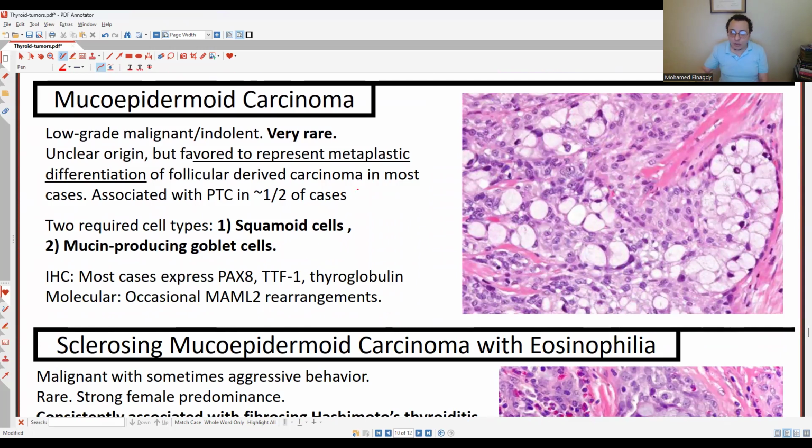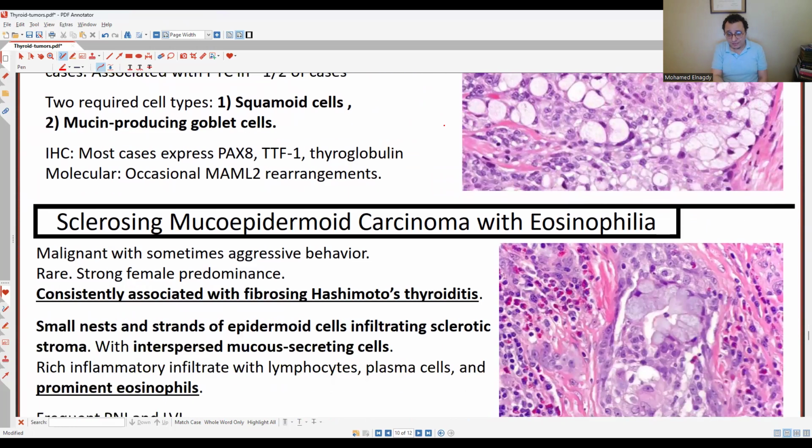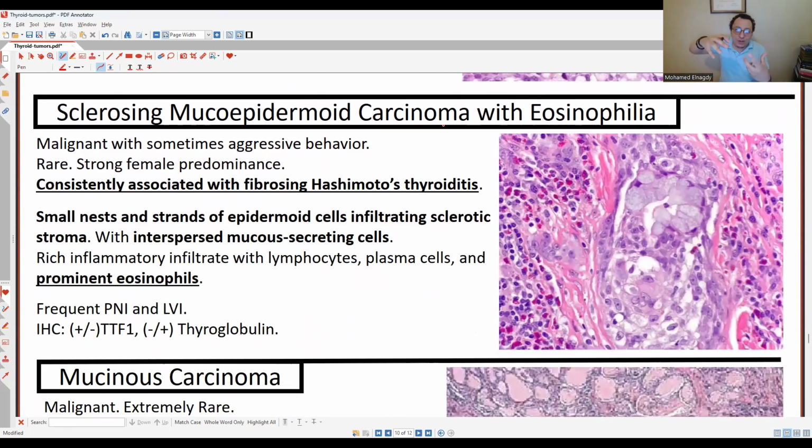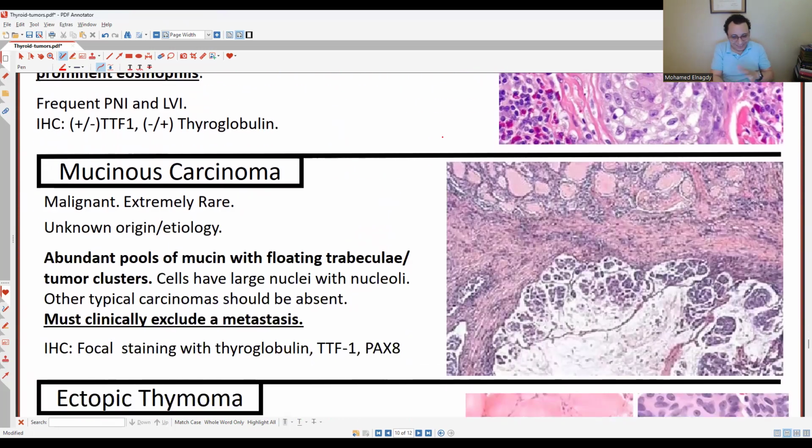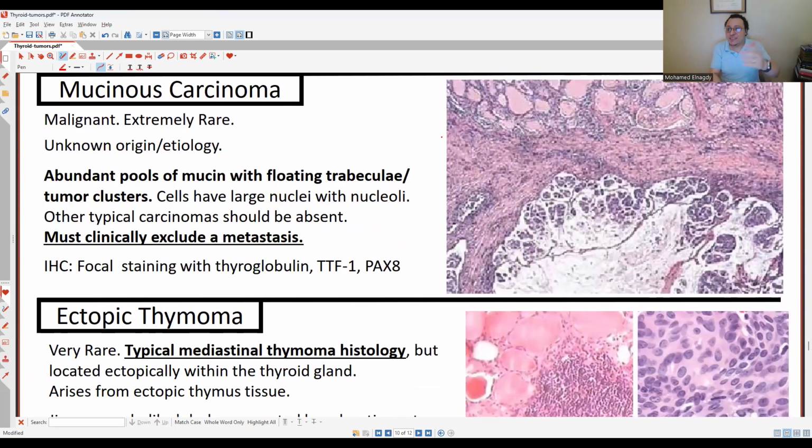Like mucoepidermoid carcinoma, well, it's important, but it's important in salivary glands, not in thyroid, sorry. Sclerosing mucoepidermoid carcinoma with eosinophilia, oh, I'm sorry. Just give it up. Mucinous carcinoma, well, okay, abundant pools of mucin and floating cells, the same pattern of mucinous carcinoma elsewhere: colon, thyroid, colloid carcinoma of the breast, lung.